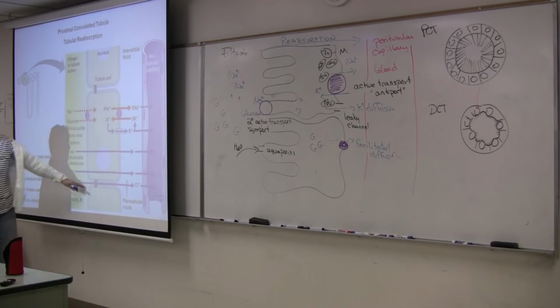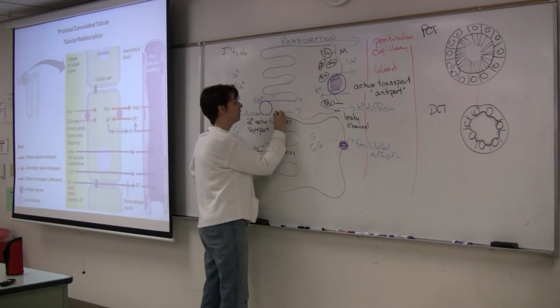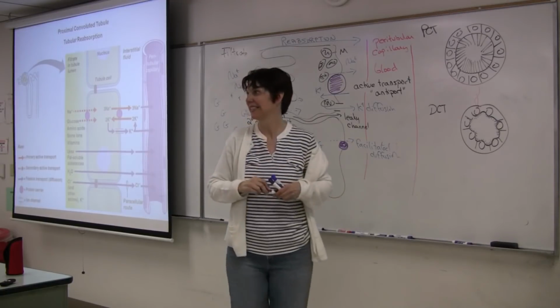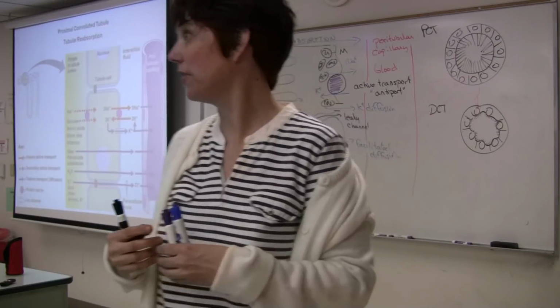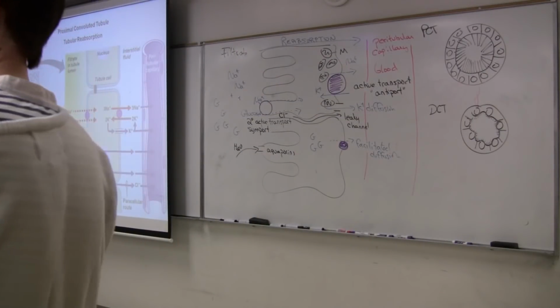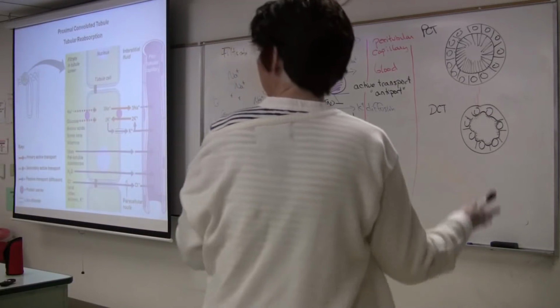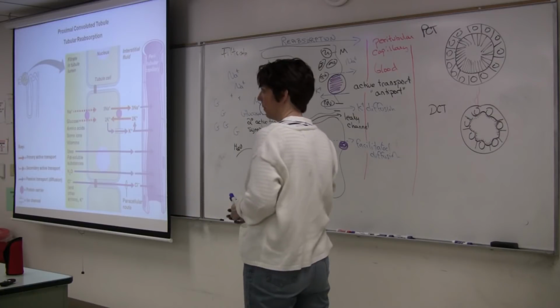Chloride ions and several other ions will actually pass between the cells. What do you think is causing the chloride ion to move? That electrical charge. It's a negative charge, sodium's a positive charge. So as we're moving those positive charges out of the cell, chloride's going to follow because of its negative charge.